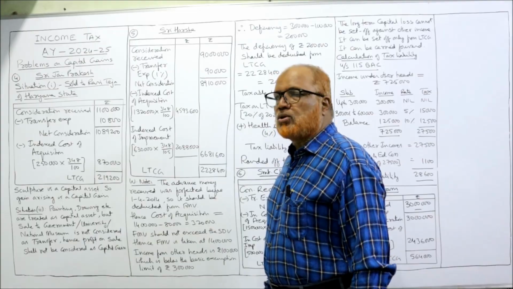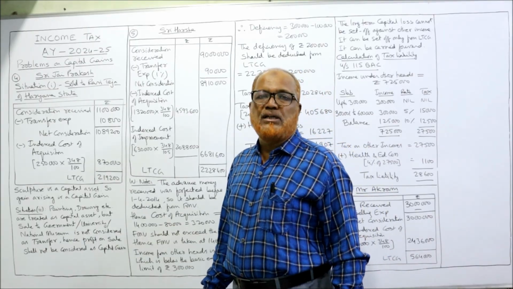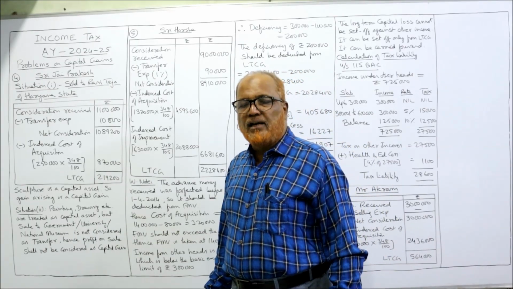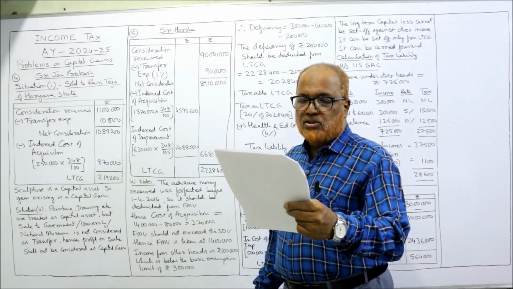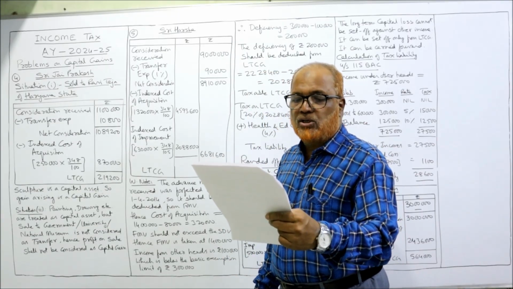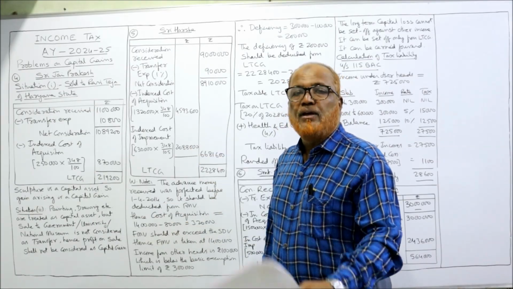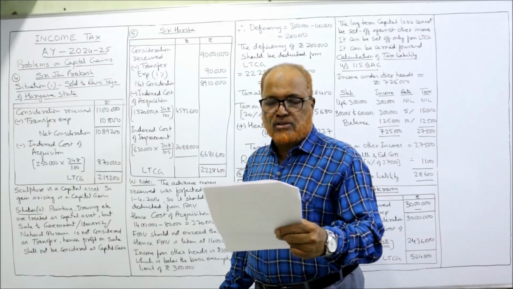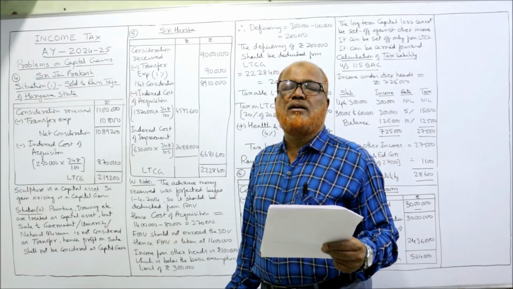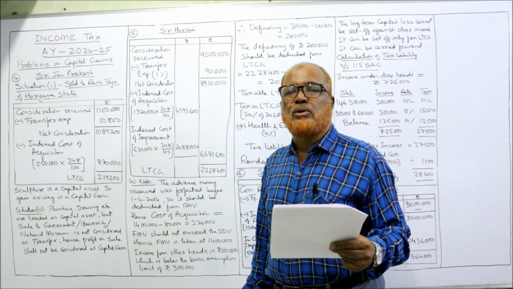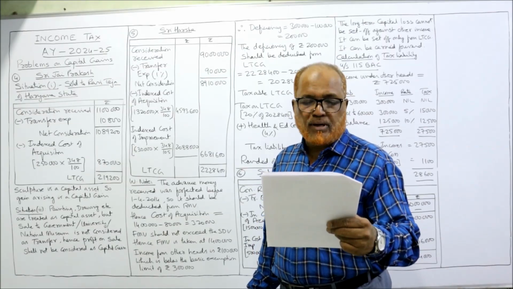From this, deduct the indexed cost of acquisition, because the asset was held for more than 3 years. So 2,50,000 into 348 divided by 100. If any asset is purchased during the previous year 2001-2002, the index number is 100.